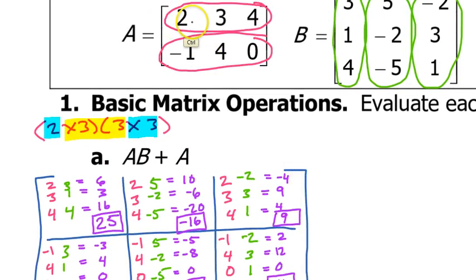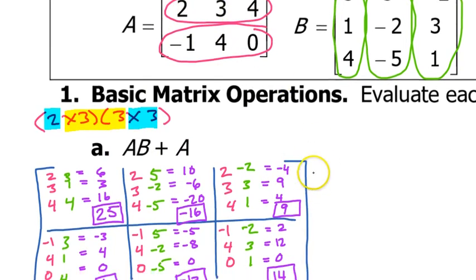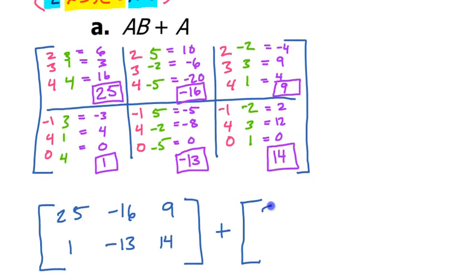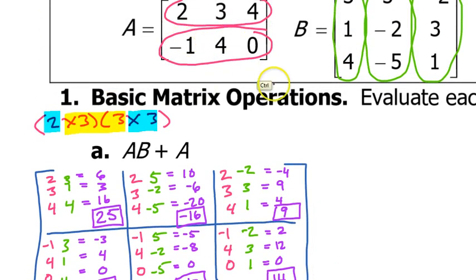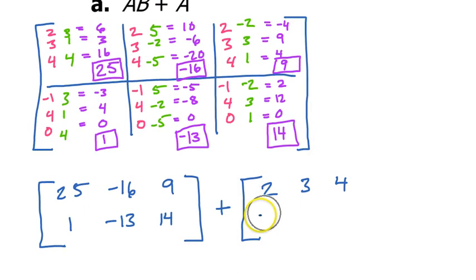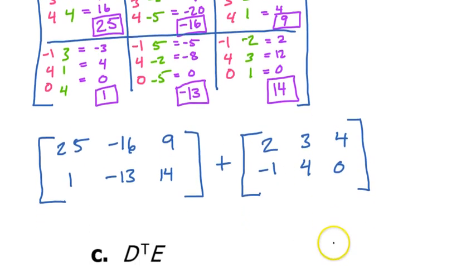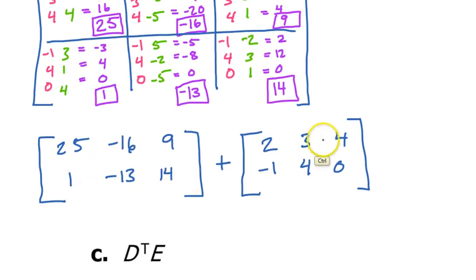Okay, so here's matrix A: 2, 3, 4, and negative 1, 4, 0. Now, to add two matrices, the dimensions have to be exactly the same, which luckily is the case right now.